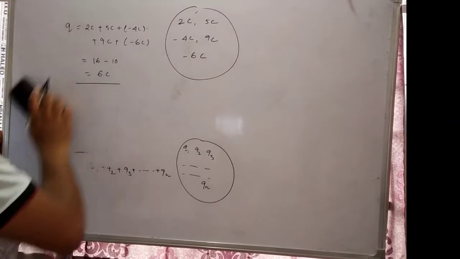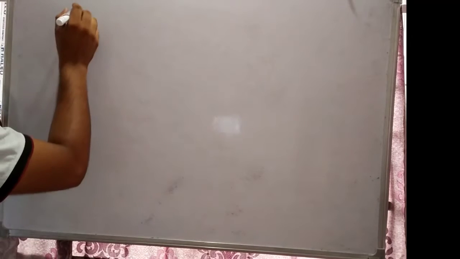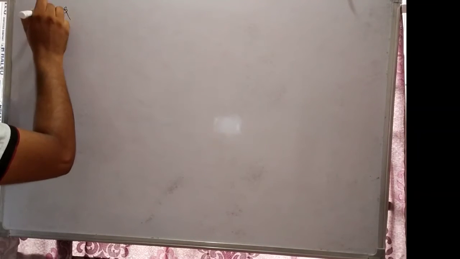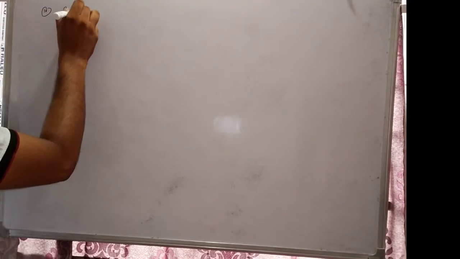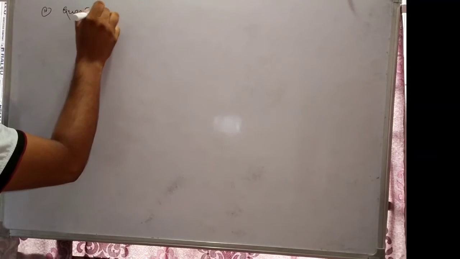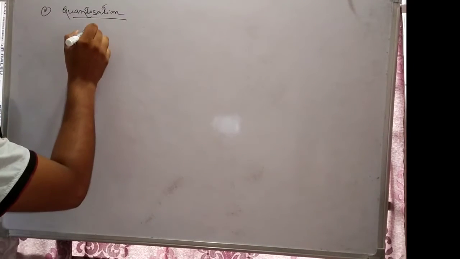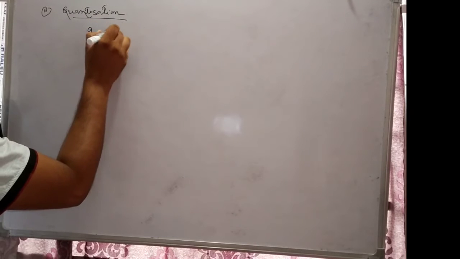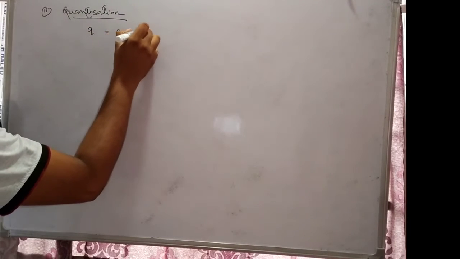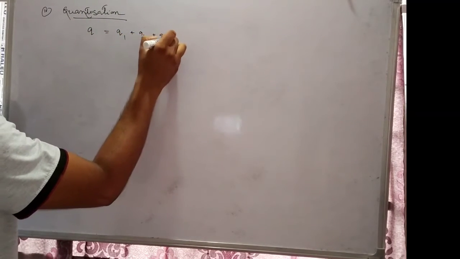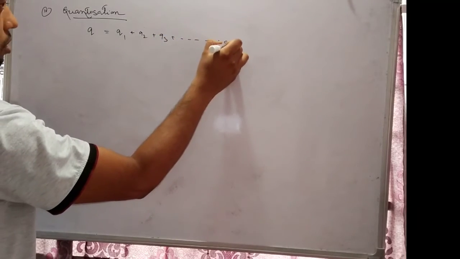Our next property is quantization of charge. This is a very important property. Some numericals also arise from this concept. According to the additivity property, the total charge equals Q1 plus Q2 plus Q3 up to Qn.